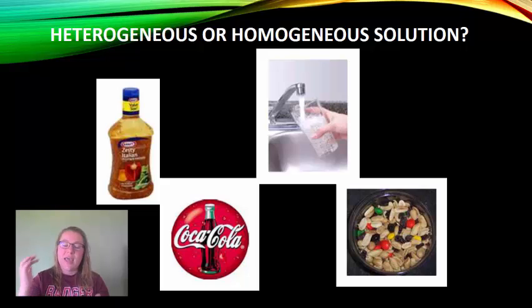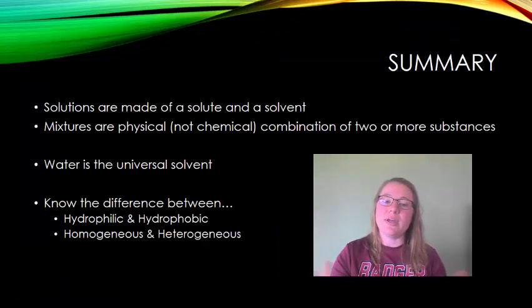Now, if you took trail mix and put it in a blender and it was all blended super duper fine, then maybe it might be a little bit more homogeneous. But since there are visual chunks in there and you can separate out each of the pieces, that makes it heterogeneous.